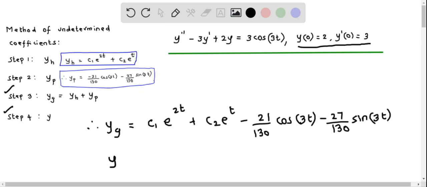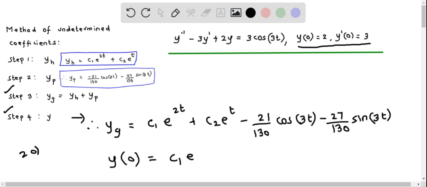So for y of 0, we replace t by 0 in the general solution. So y of 0 equals c1 e raised to the power of 2t.